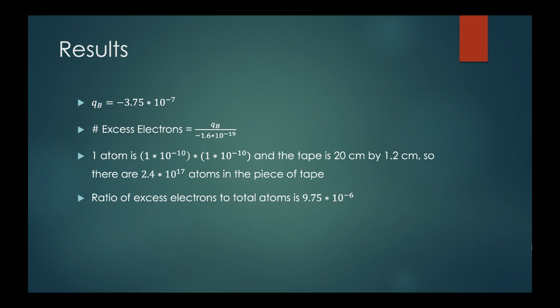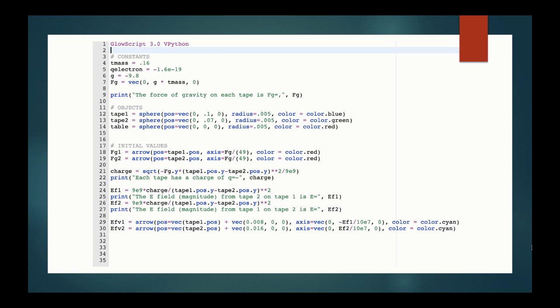A quick assumption we made there was that the tape had no thickness, so it only had an x and y dimension and not a z dimension, just because the tape is so thin. So we did not account for that. So that's one assumption we make. Then the ratio of excess electrons to total atoms we found was 9.7 times 10 to the negative 6.